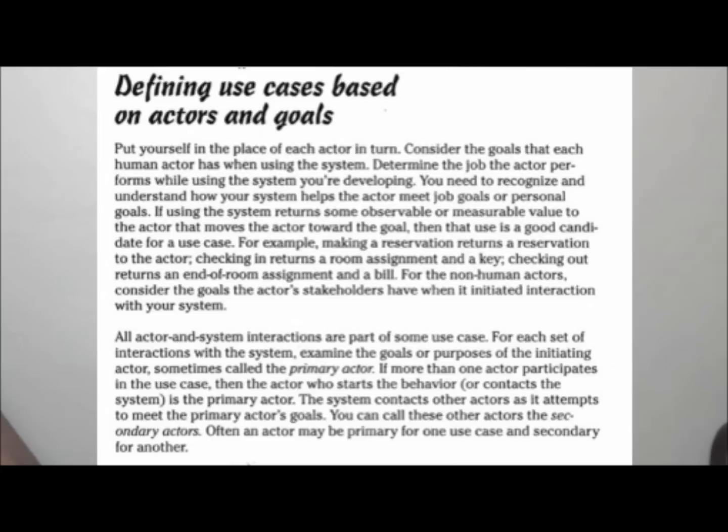So, for example, making a reservation returns a reservation to the actor. Checking in returns a room assignment and a key. Checking out returns an end of room assignment, typically a bill as well. Those are 3 different use cases initiated by the same actor: making a reservation, checking in, checking out. That's the same actor, but 3 different ways of interacting with the hotel and their hotel reservation system.